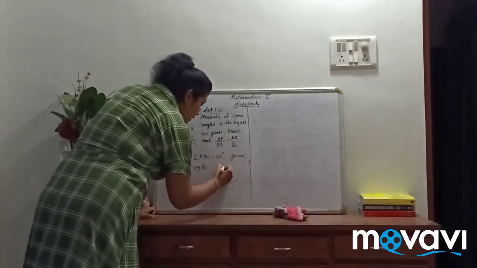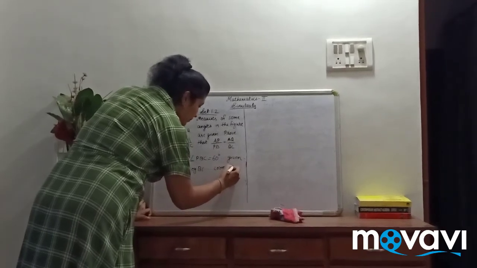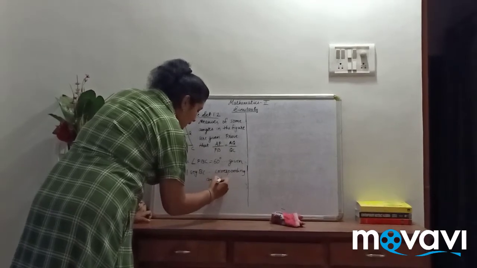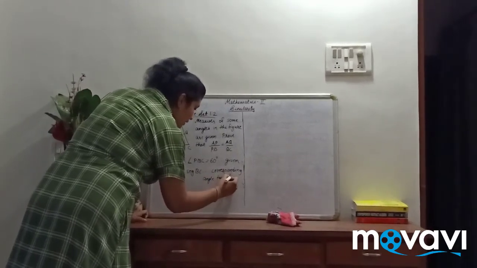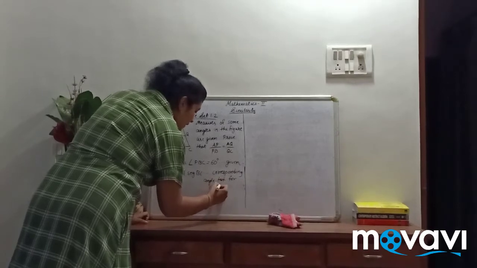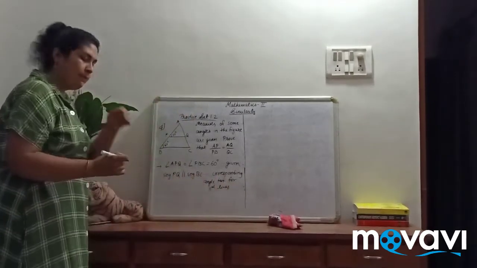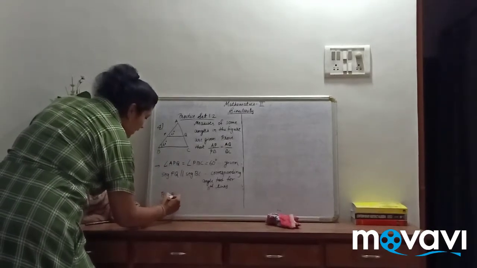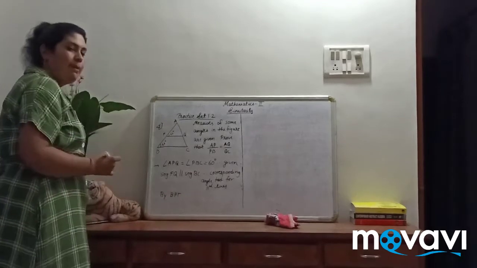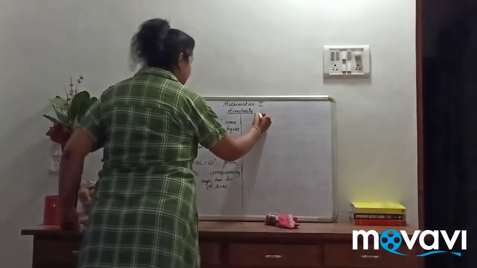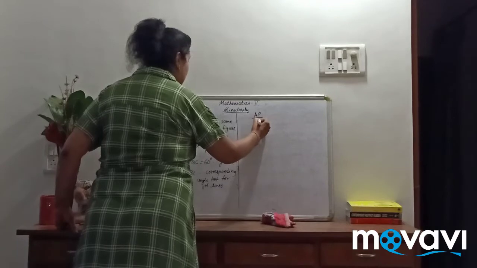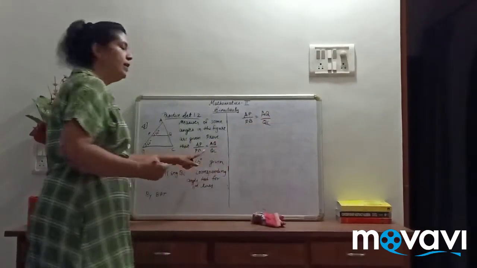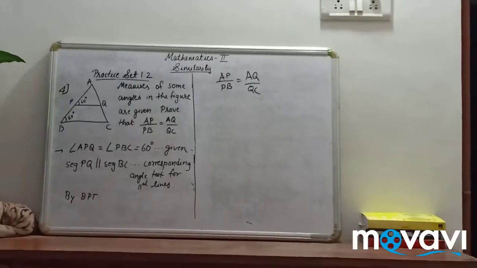Because of the corresponding angle test for parallel lines. Okay. So now if this is parallel, I can write directly by BPT, basic proportionality theorem, AP upon PB is equal to AQ upon QC. This is what I am supposed to prove, and it's proved.